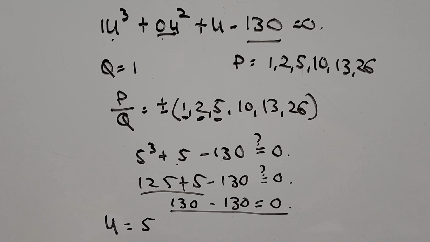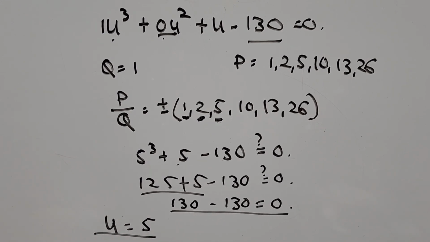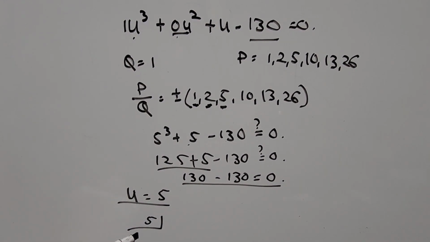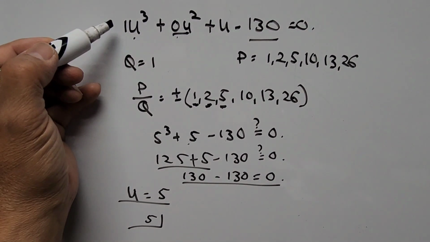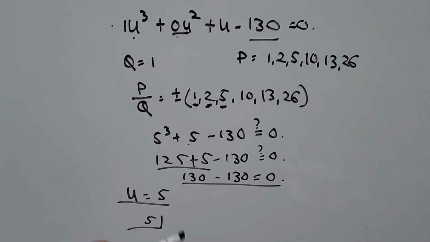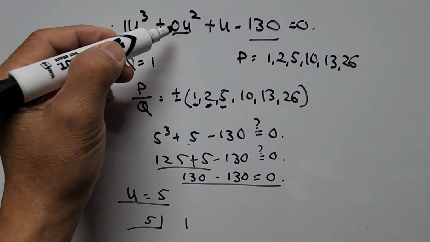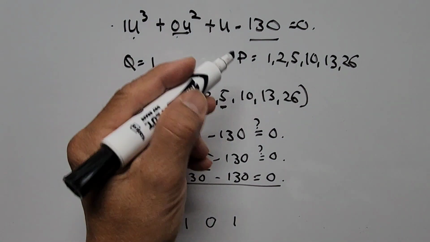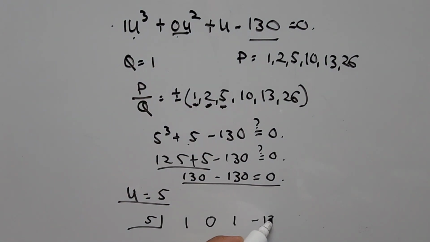So now let's find the factor of the cubic equation by using this value of u. So we'll be using synthetic division. So we have here 5, and all the coefficients of the terms of the cubic equation from here. So we have 1, then 0, then 1 again, then minus 130.